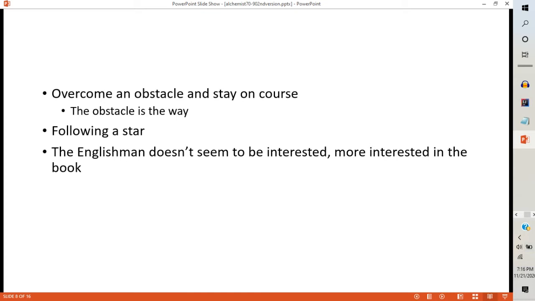So these were things that I had already mentioned, how they are following a star. You've got to overcome an obstacle, stay on the course. It's interesting as we shift from Santiago to the Englishman at times. The Englishman doesn't really seem to care about the desert, about really talking to anybody. He's very interested in his books.